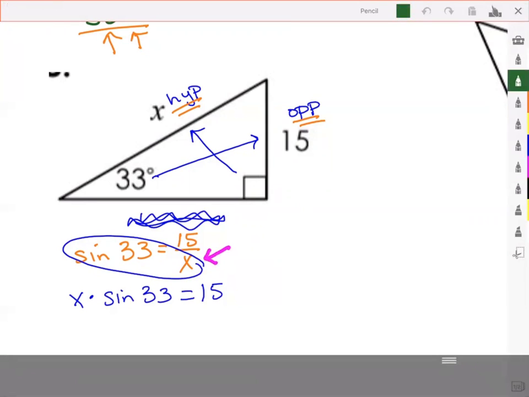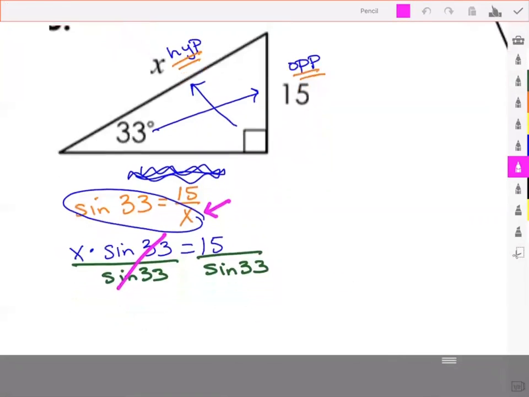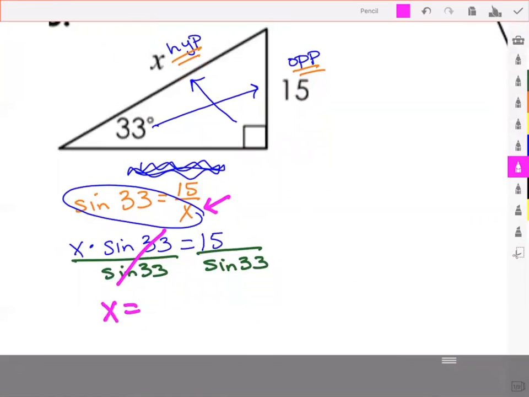This is what we did before Christmas. I want X by itself. I need to get rid of times sine of 33. I'm just going to divide by the sine of 33 on both sides. So they cancel over here, which leaves me with X equals, and then I type this in my calculator.